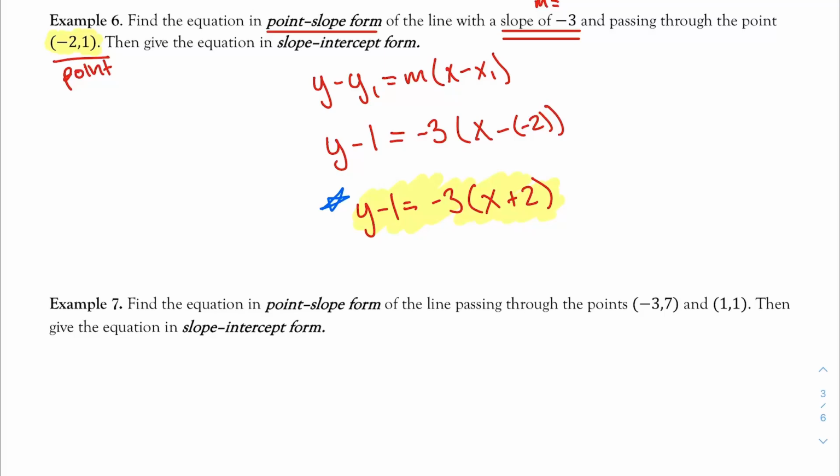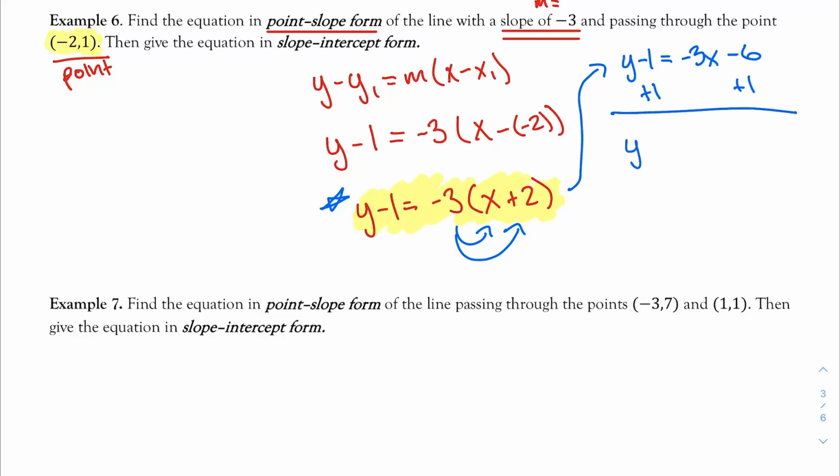So what I'm going to do is clean up this expression. I'm going to write this as y minus 1. I'm going to start off by distributing my negative 3 to both terms, giving me negative 3x minus 6. And now if I want to solve for y, I should just add plus 1 to the left and right, giving me y is equal to negative 3x.